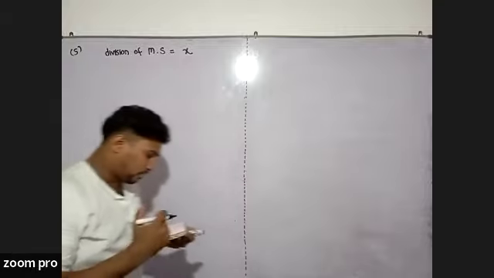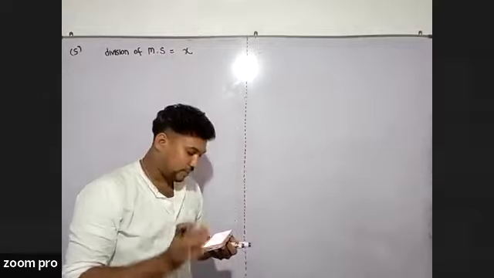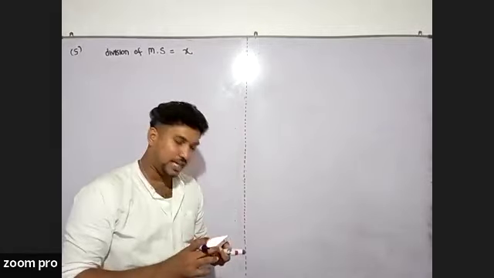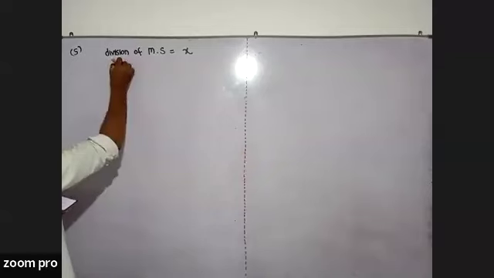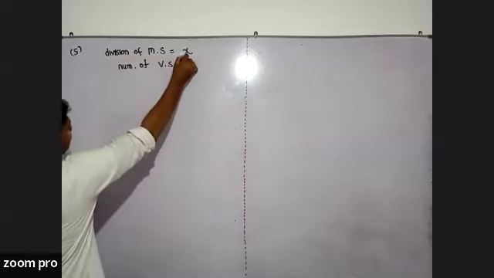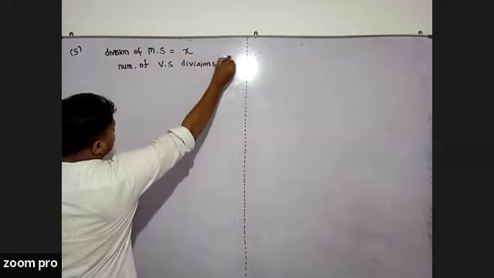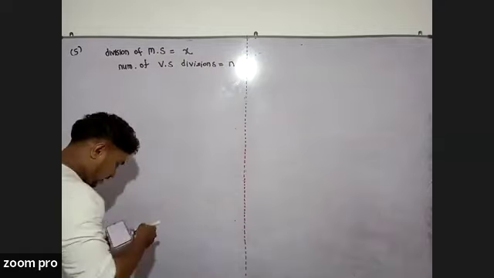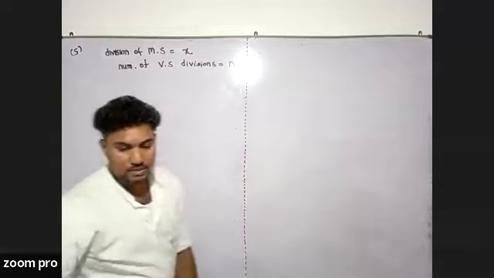So n number of vernier divisions coincide with n minus 1 number of main scale divisions. Here, the number of vernier scale divisions that we consider is simply n. What would be the least count of this instrument?